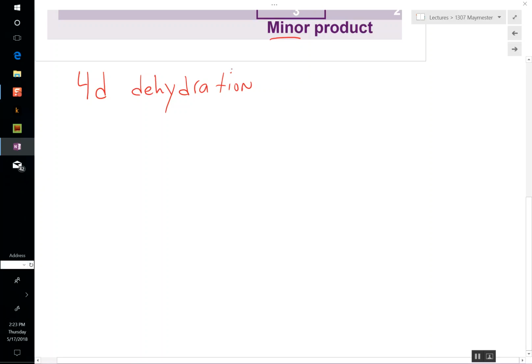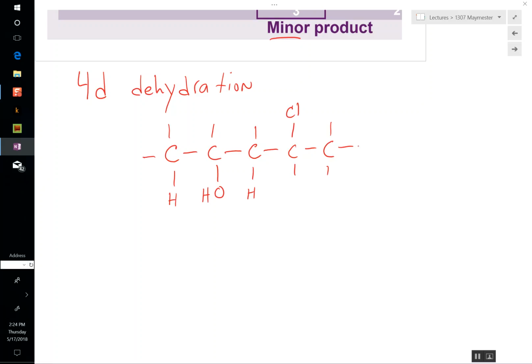So we're going to have 2-pentanol, with a 4-chloro. I'm not drawing all the hydrogens, I'm just drawing the two important ones to see.